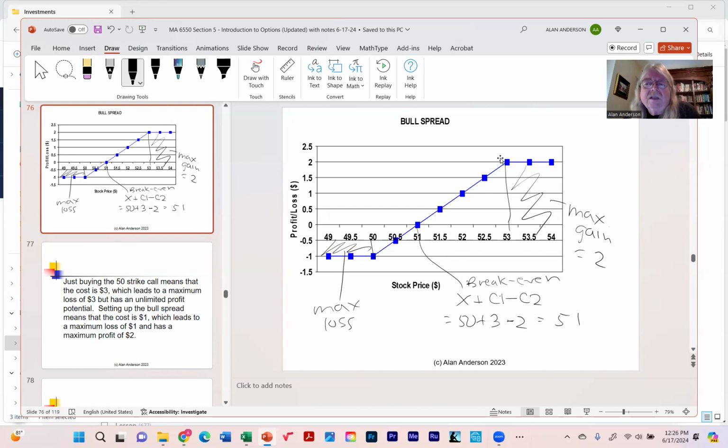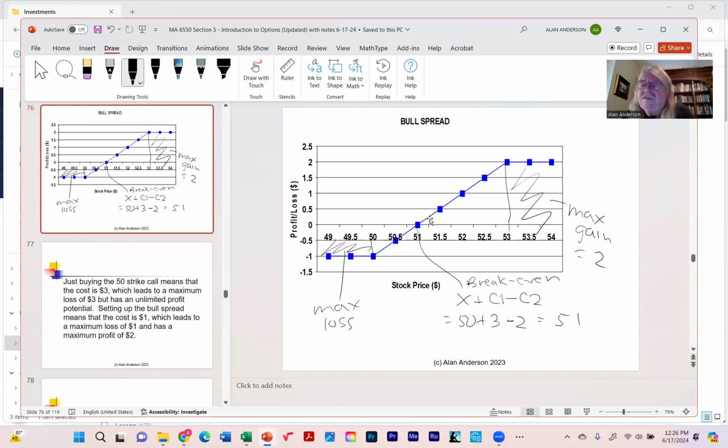In other words, they're willing to give up all this upside potential in exchange for a much cheaper position, because if they're right, making $1 profit on $1 investment is 100% rate of return. Making $1 profit on a $3 investment is only a 33.3% rate of return. So this trader is gambling that the price won't go up very much, and in exchange for that, we save a lot of money.